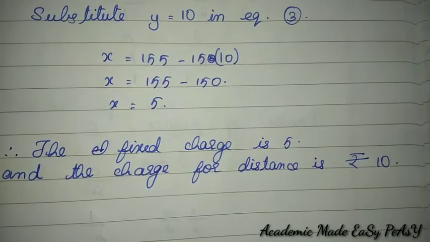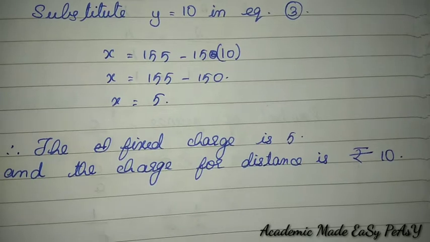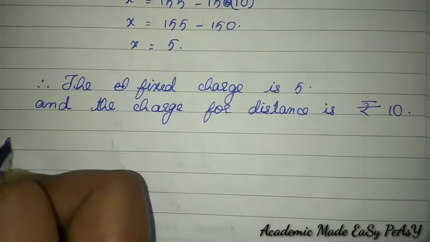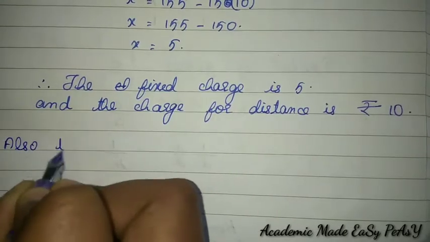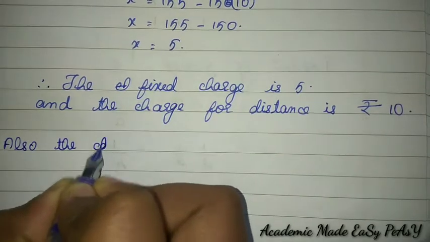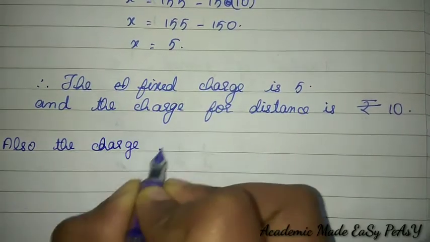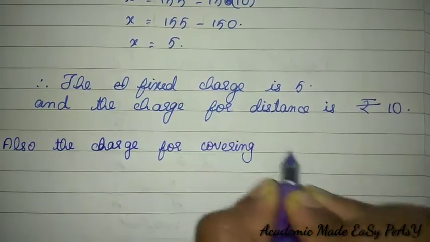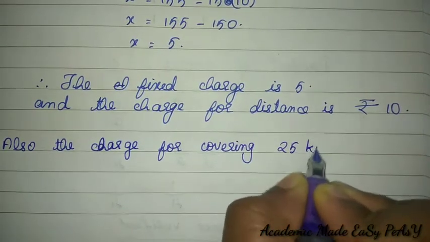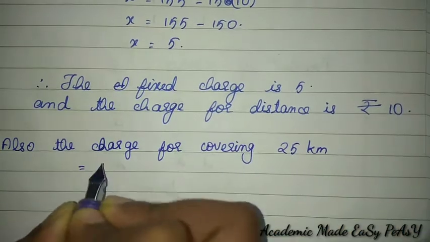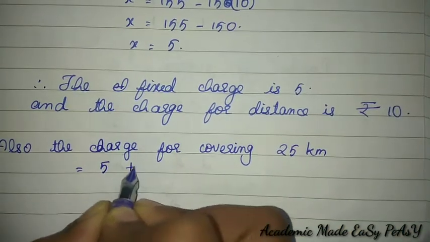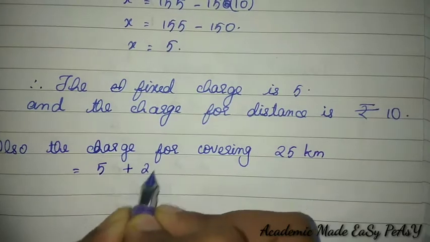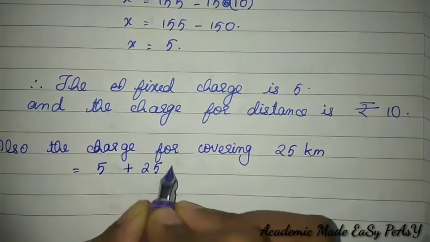So the second part is there, no? So we will be finding that. Also, the charge for covering 25 kilometers is equal to fixed charge x plus the distance covered, 25, into the charge per kilometer, which is 10.